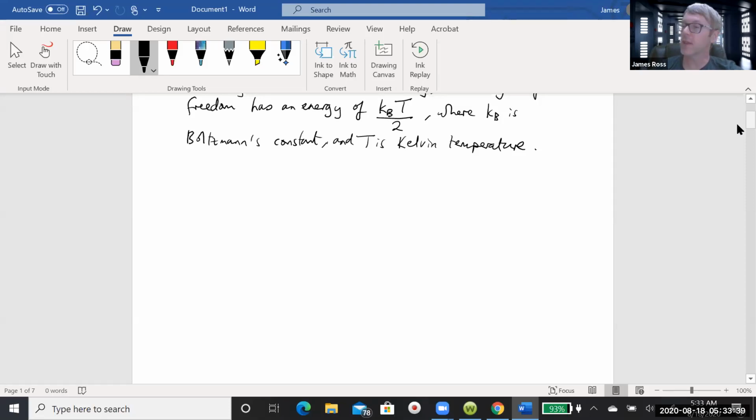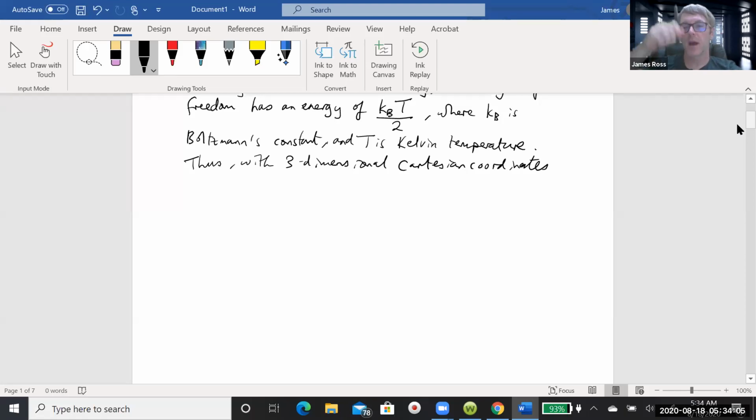So with 3-dimensional Cartesian coordinates, what do I mean by 3-dimensional Cartesian coordinates?